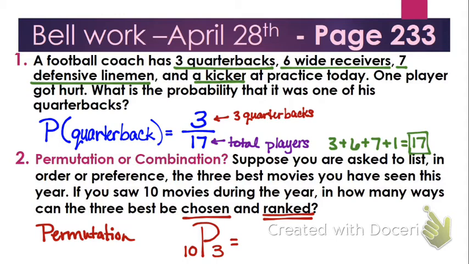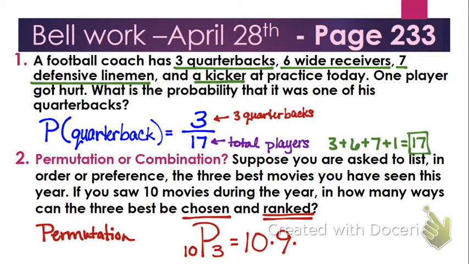If we didn't have this feature on the calculator, we could still do this. If you saw 10 movies in that year and you're trying to pick out your favorite, you're picking from how many? From 10. Once you've picked out your favorite, how many movies would you have to choose from for your second favorite? 9.